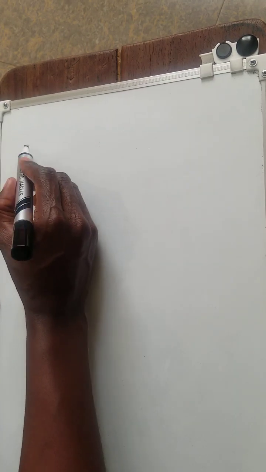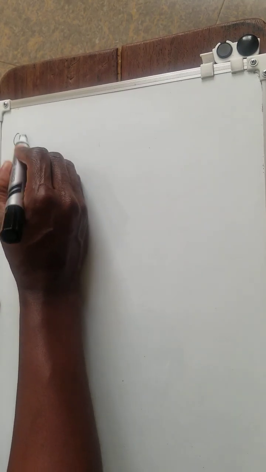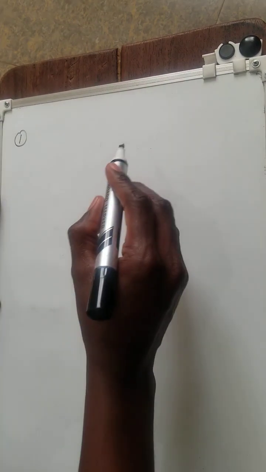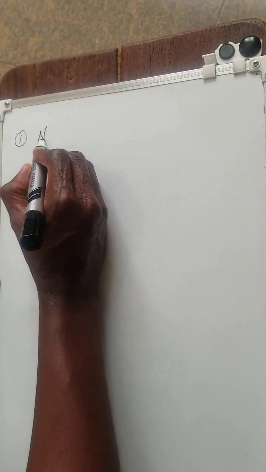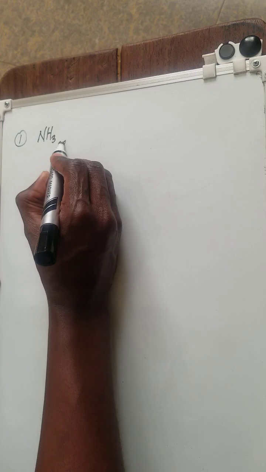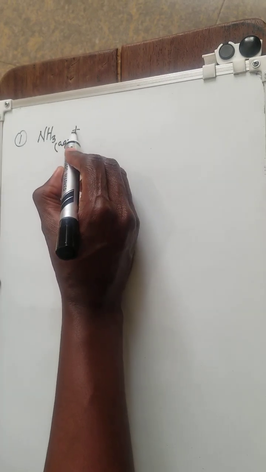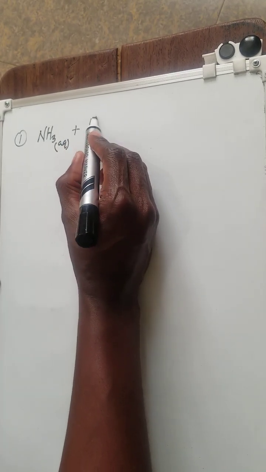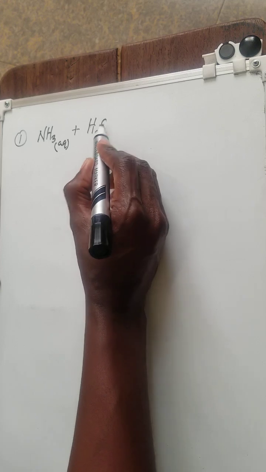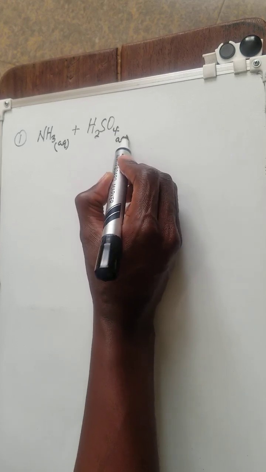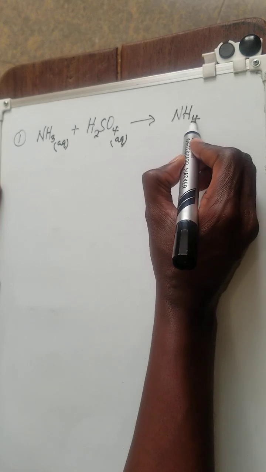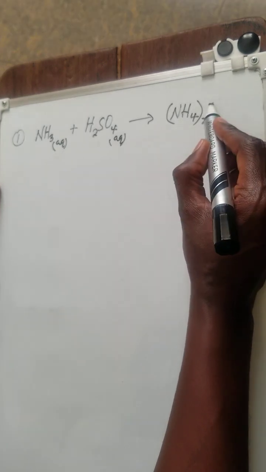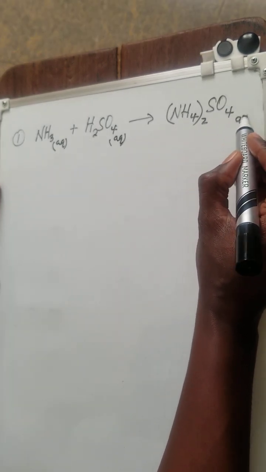One of them is ammonium sulfate. How does ammonium sulfate come about? Well, ammonia in aqueous form, when dissolved, reacts with sulfuric acid. That produces ammonium sulfate, which is still aqueous.